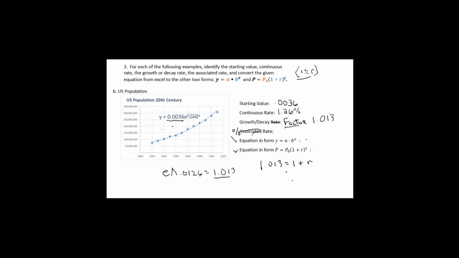You can subtract 1 from both sides, and you can get the rate is 0.013. And 0.013 as a percentage is 1.3%. It makes sense because that's over 1, right?